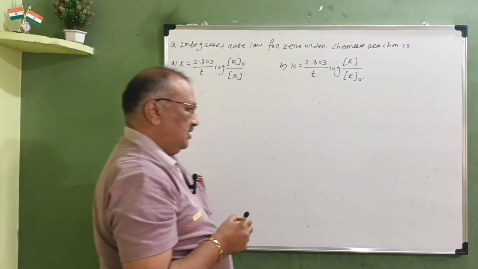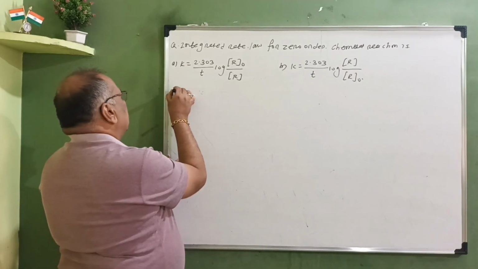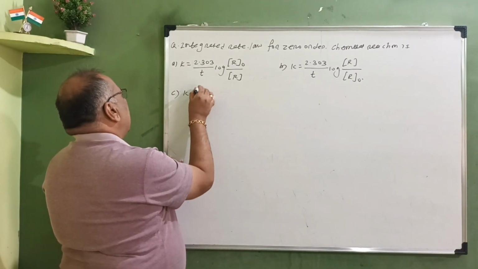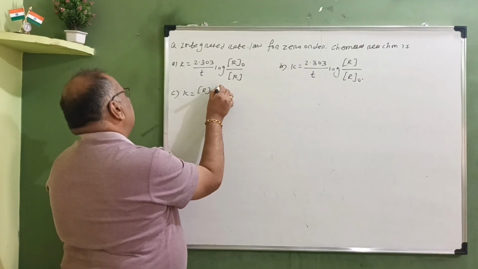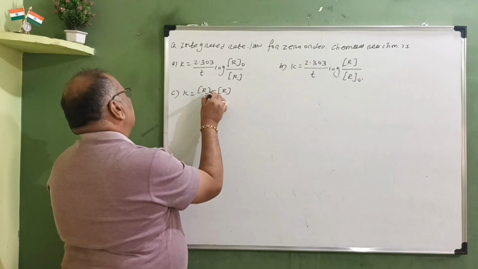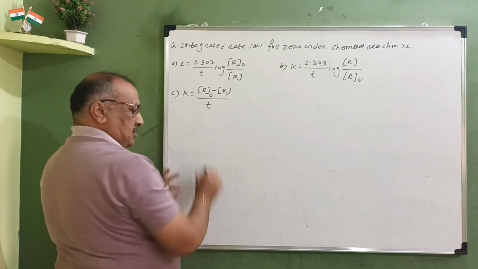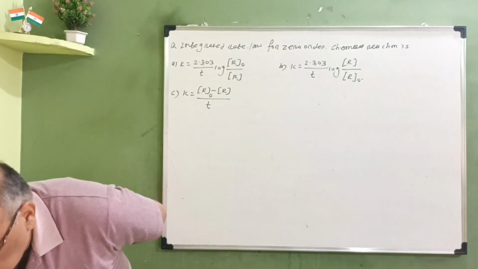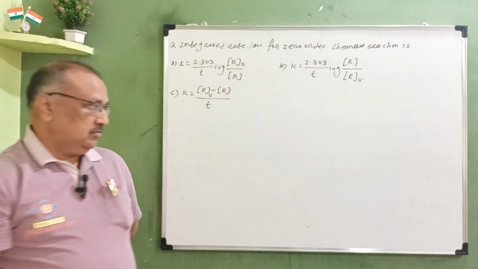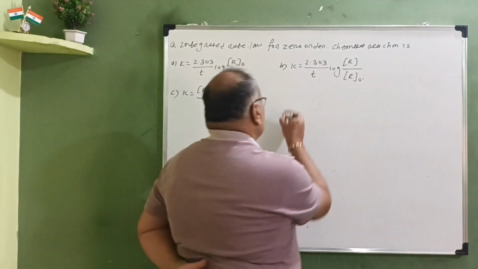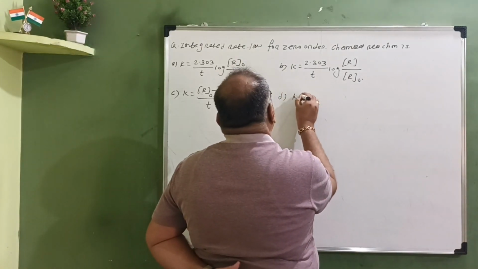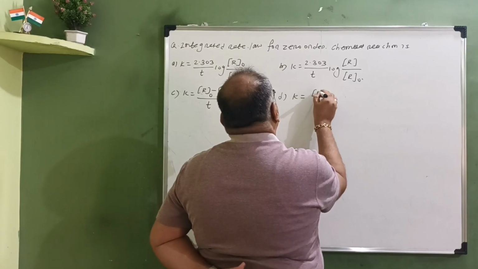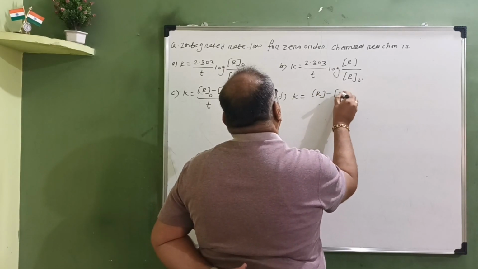Number C, K equal to R0 minus R upon t. And number D, K equal to R minus R0.